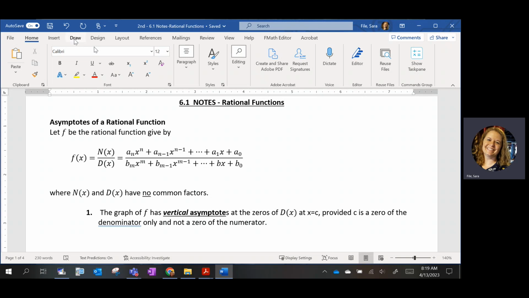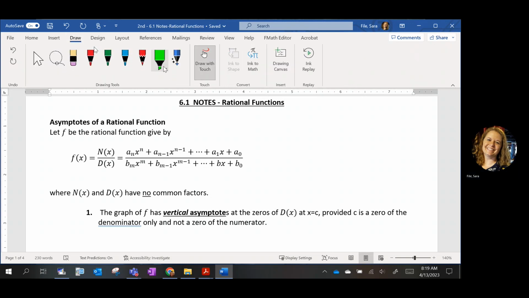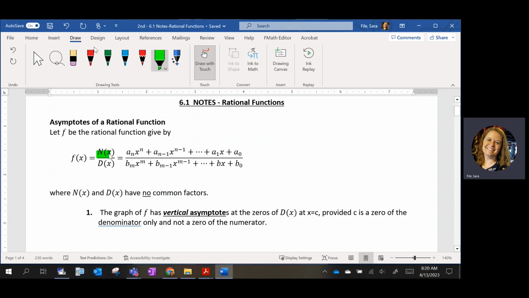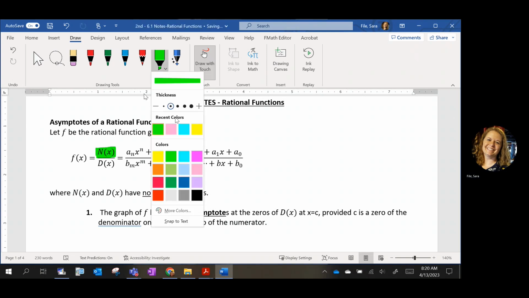So I'm going to be doing some color coding here. All right, so first of all, f of x is what we're calling the function. Okay, it is a rational function, so it is a fraction. So you're going to have a numerator and a denominator.